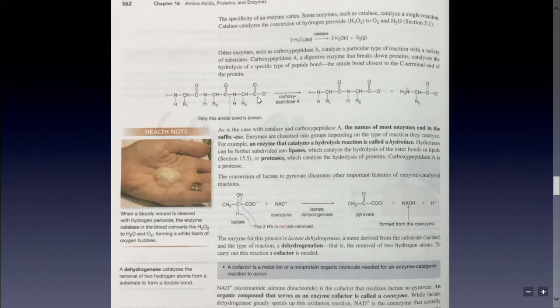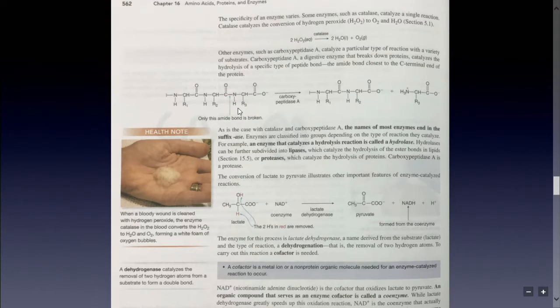So if you see here, you have the N-terminal end of a peptide and the C-terminal end of a peptide. Carboxypeptidase A is an enzyme that usually breaks this peptide bond, but not this one. It's breaking this one because it's closer to the carboxy end, right? It's closer to the C-terminal end of this peptide. And so it's not going to break this one, right?